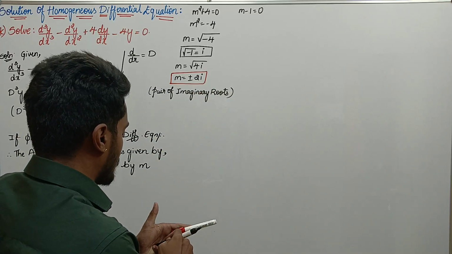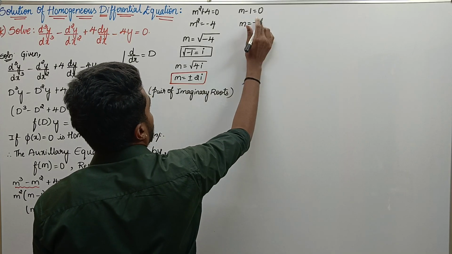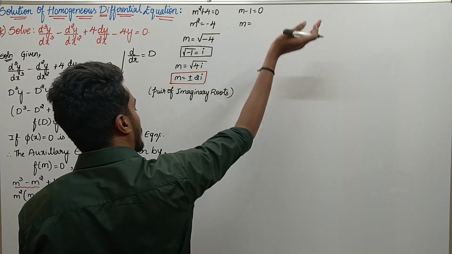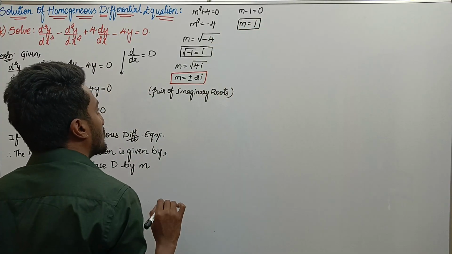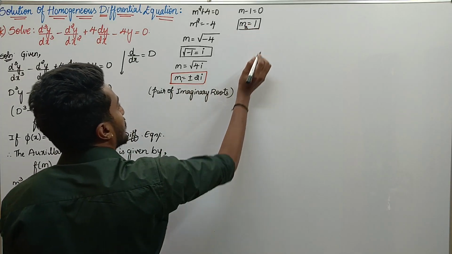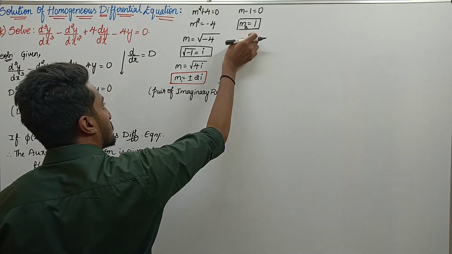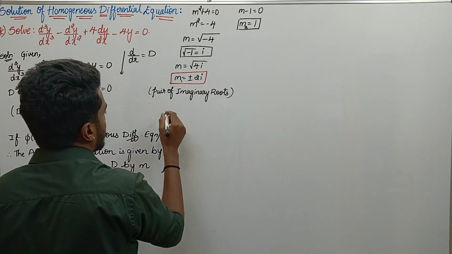Done. After this, let us find the other root, that is m minus 1 equal to 0. If I shift minus 1 to the RHS, we get plus 1. This is the second root. This I can represent as m1 and this as m2. First, let us represent the real root, then the imaginary roots.